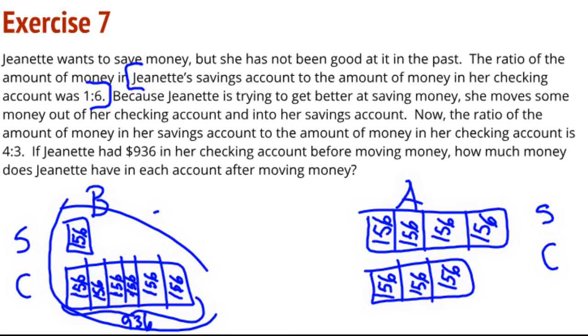Well, she's got 156 times 3. 3 times 5 is 15, and one more makes 16. So she's got $468 in her checking account. And in her savings account, she's got $624.